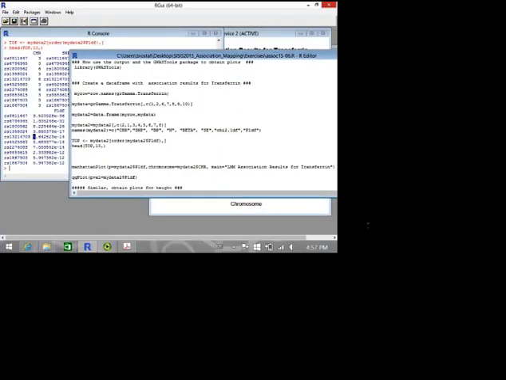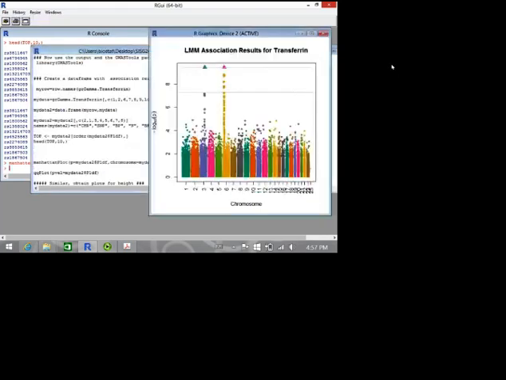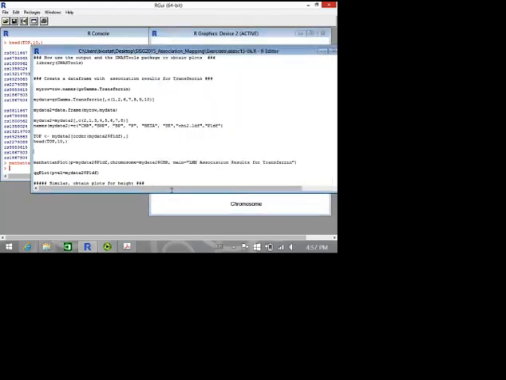We can do a Manhattan plot as before. Okay, so pretty similar. So that's one of the software tools available. You can also do a QQ plot.